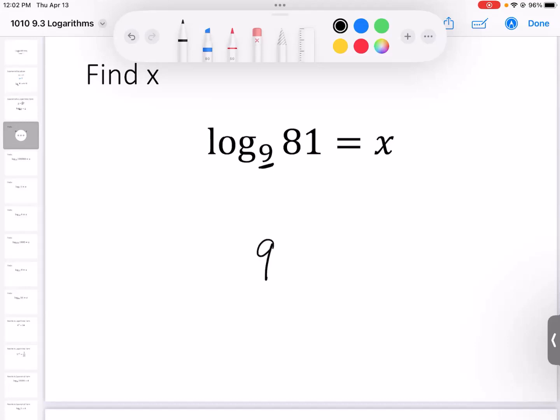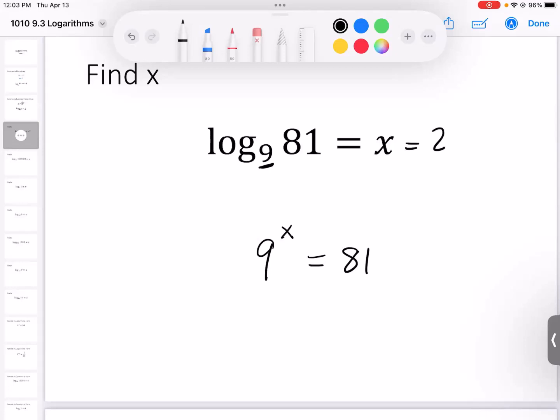Logarithms calculate exponents. Since the logarithm equals x, I have the base of 9 raised to an exponent of x, and I'm looking for when that equals 81. In this case, what would x need to equal? 2. So this logarithm, if you calculate it out, would equal 2.